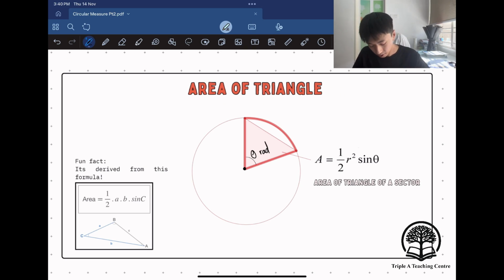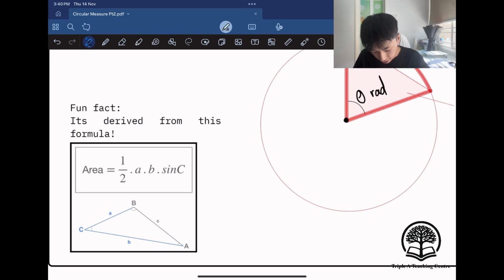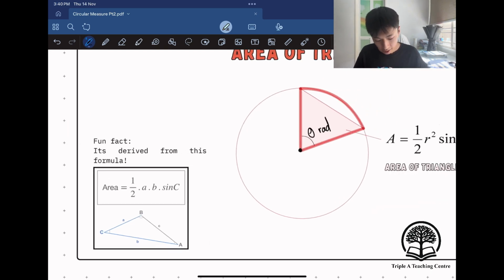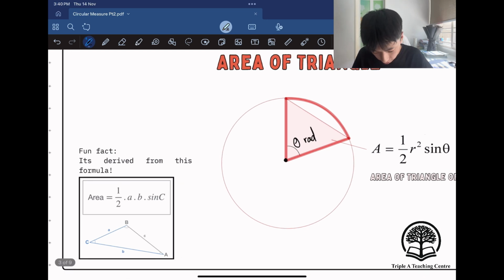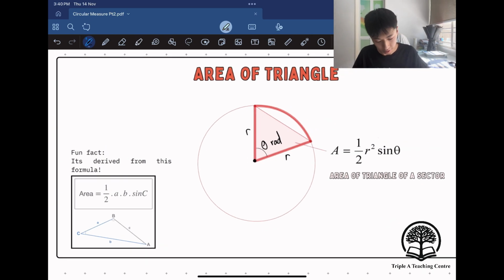Actually, this formula is derived from 1/2 AB sine C, which is the formula for calculating the area of a triangle. You've learned this in your math class. Since the radius for this side and this side is the same, we can simply replace AB with R squared.